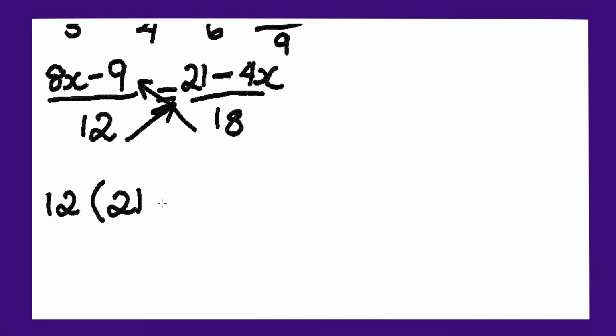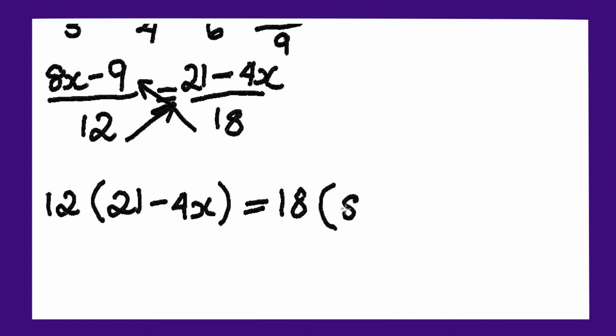So we have in brackets 21 minus 4x is equal to, and we multiply 18 to the numerator of the left-hand side. So that will be 8x minus 9. So as I said, this looks pretty familiar because what we are going to do here is use the distributive law to expand, right?